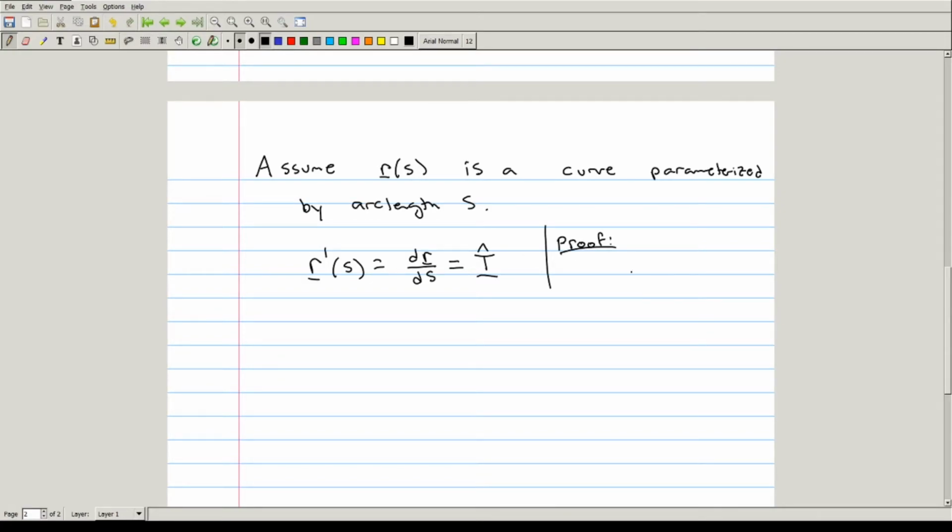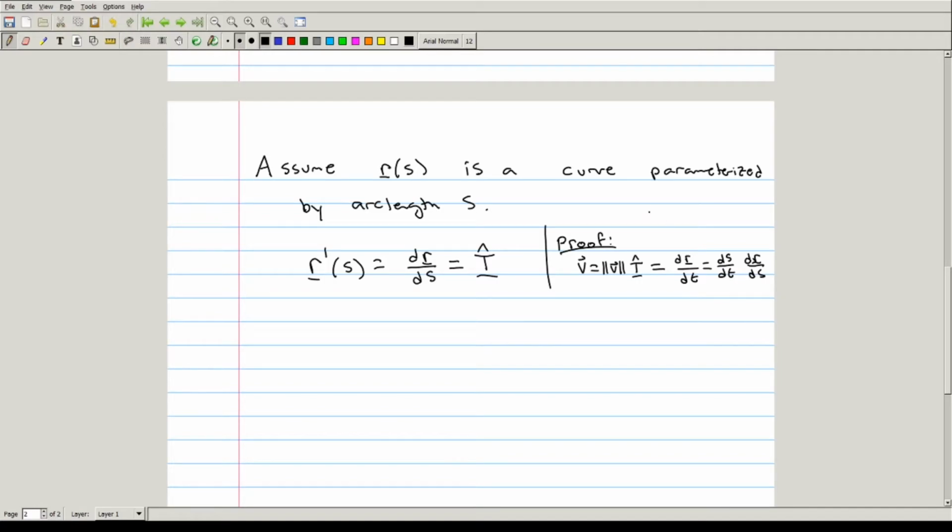The main idea is that remember the velocity is defined as the magnitude of itself times the unit tangent vector, where the unit tangent vector is just the unit vector pointing in the direction of the velocity. But recall that the velocity vector is the same thing as dr/dt, which in terms of the arc length derivative is ds/dt times dr/ds.